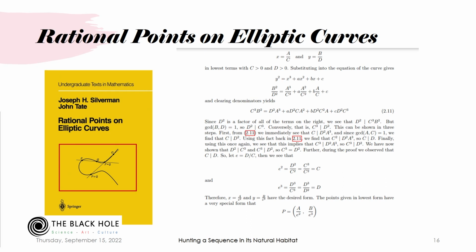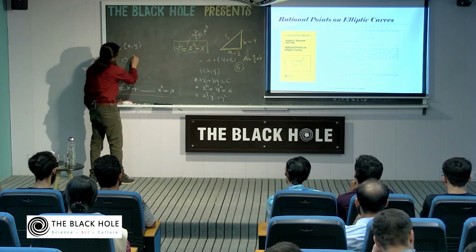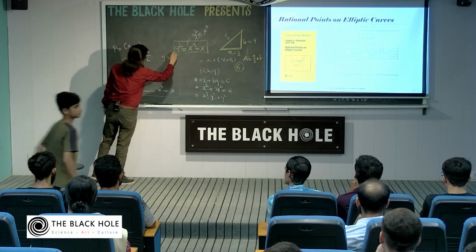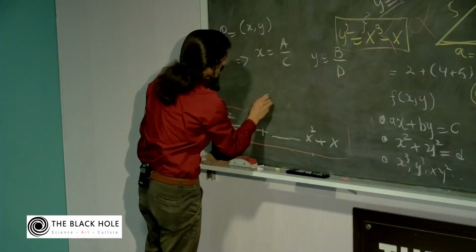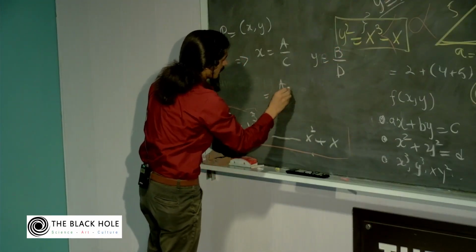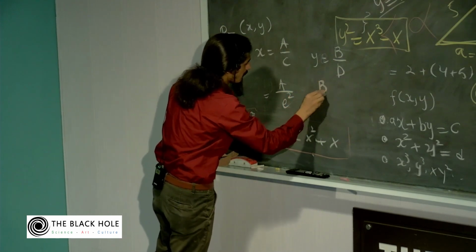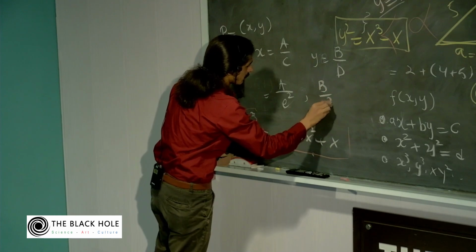Thus we set this ratio equal to E, and we find that C is equal to a square of a number and D is equal to a cube of a number. So this point on the elliptic curve becomes X, which was A divided by C, and Y, which is B divided by D, and just becomes A divided by the square of a number, and B divided by the cube of the same number.